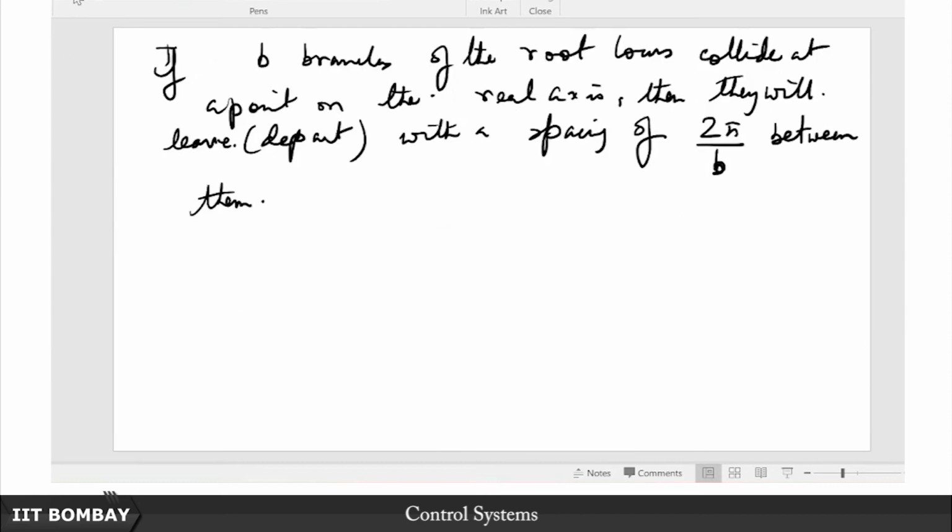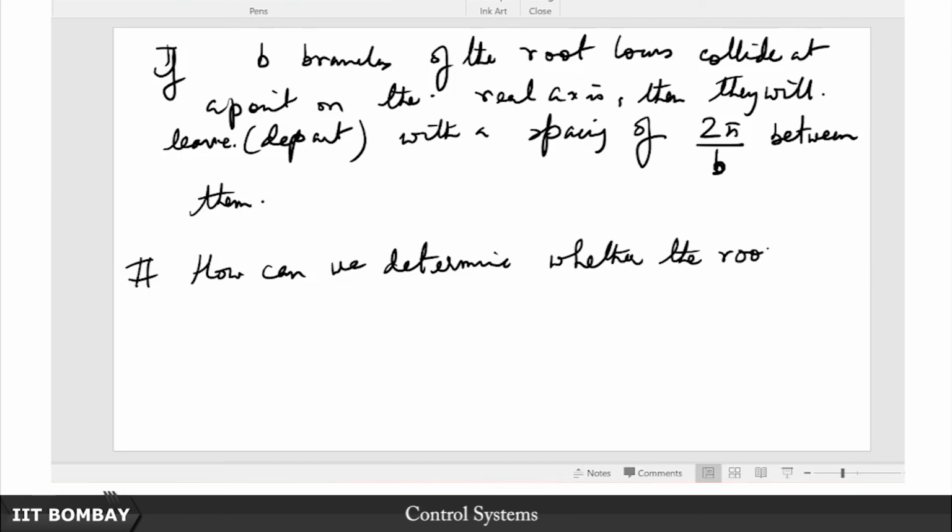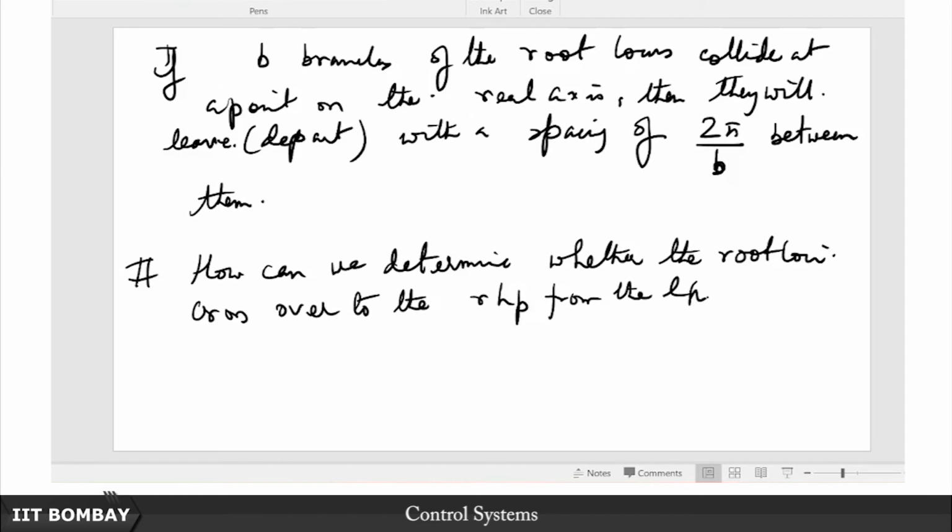So the final question, the refinement question, you remember we started with a lot of questions: how can we determine whether the root loci cross over to the RHP from the LHP or vice versa?